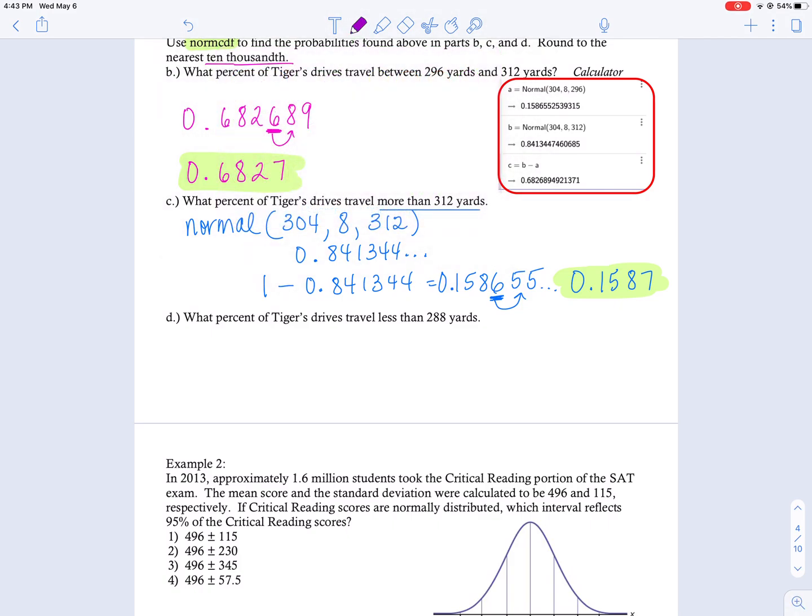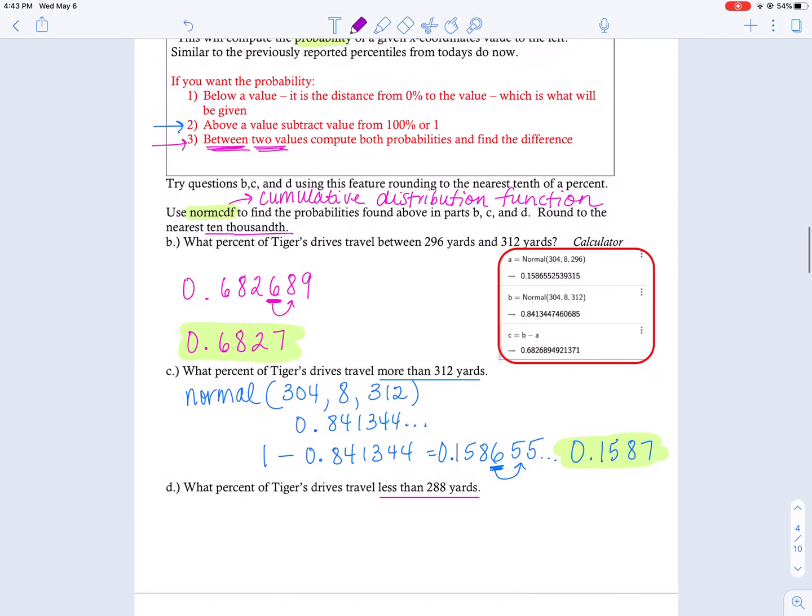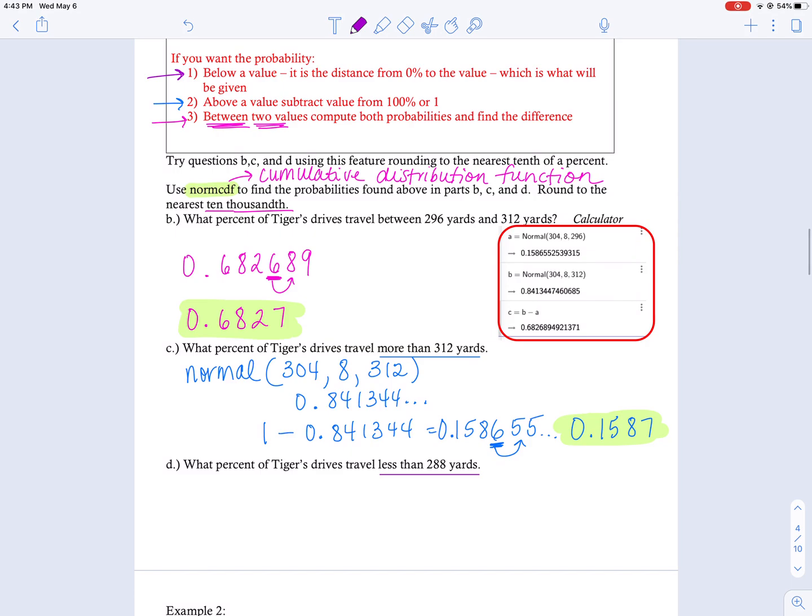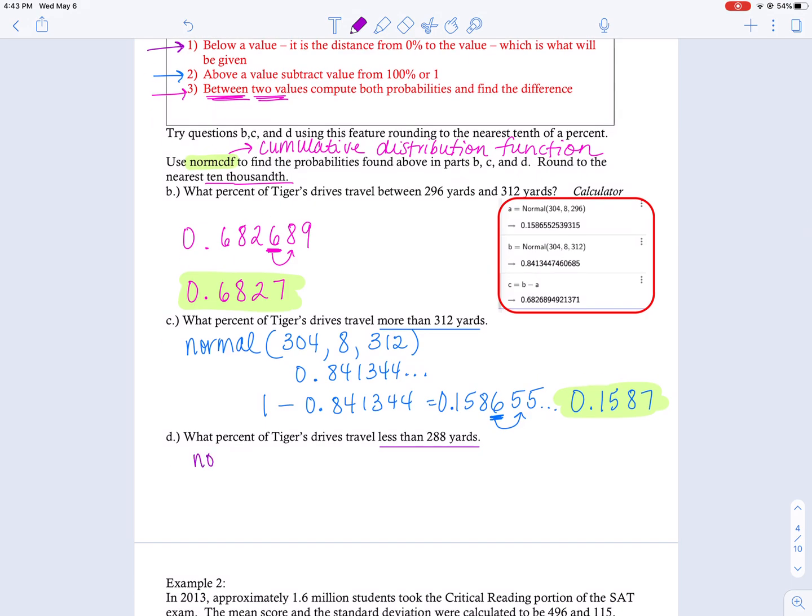Okay, so what percent of Tiger's drives are less than 288 yards? So look here. This is if you are finding below a value, so it's just going to be the number that they give you. So here you're going to go in and do normal.